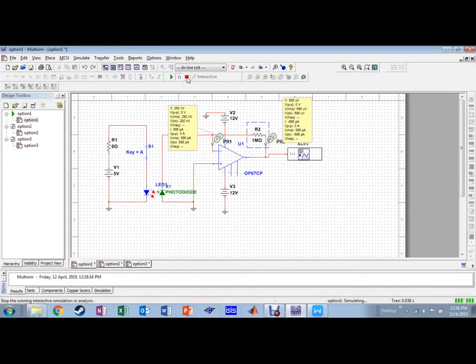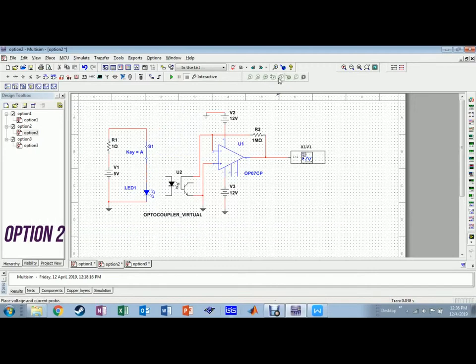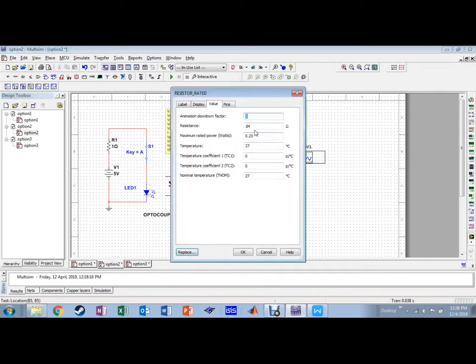Next, let's try option 2. Delete this probe, place it at point D and F. As usual, from 50k to 1 mega. Let's try 50k.